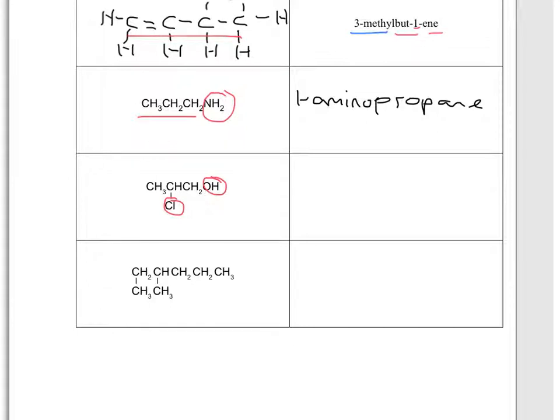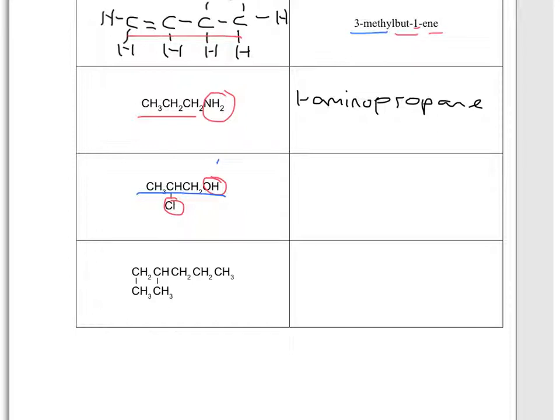So we've got both in the molecule. There's 2 ways we can name this, but we'll name it the way where we put the alcohol functional group at the end. Okay, so basically here what we've got is a propan-1-ol.